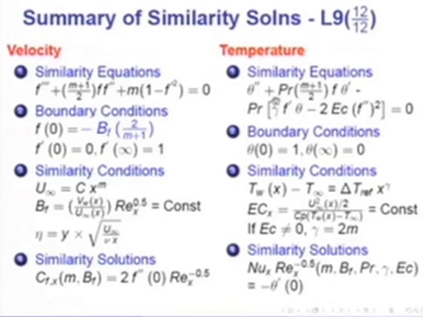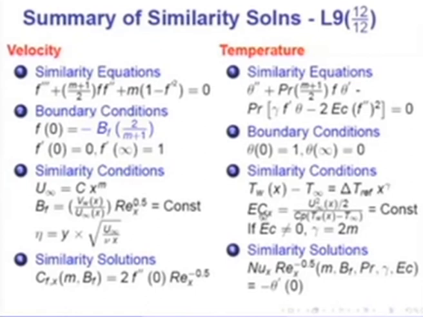Likewise, the temperature equation is theta double prime plus Prandtl times (m plus 1) by 2 f theta prime minus Prandtl times the wall temperature gradient parameter and the viscous dissipation parameter. The boundary conditions are simply this: theta 0 is equal to 1, theta infinity is 0. The similarity condition is that the wall temperature can vary only as x to the power of gamma.